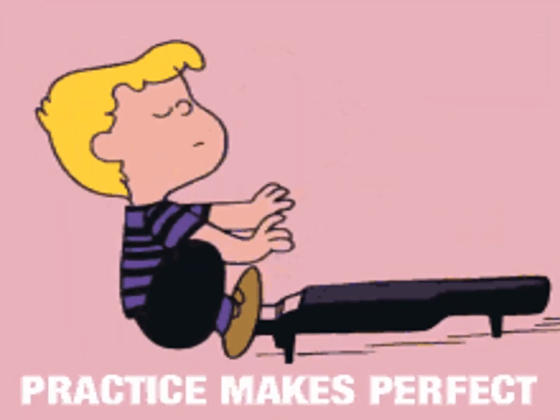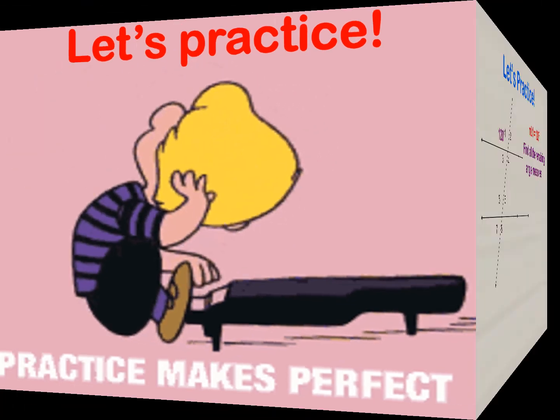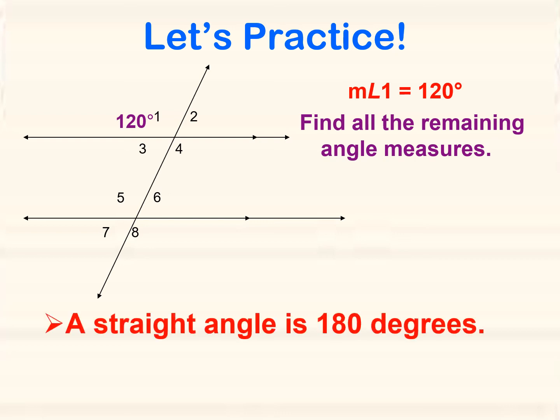Now, practice makes perfect. Let us practice. So in the diagram, the measure of angle 1 is equal to 120 degrees. Find all the remaining angle measures. So to find angle 2, take note that a straight angle is 180 degrees. Therefore, 180 minus 120 is equal to 60 degrees.